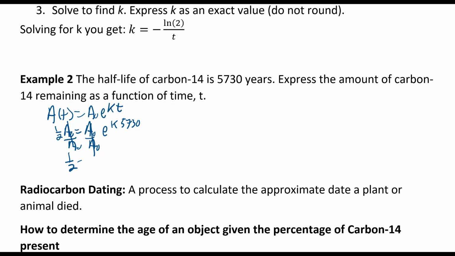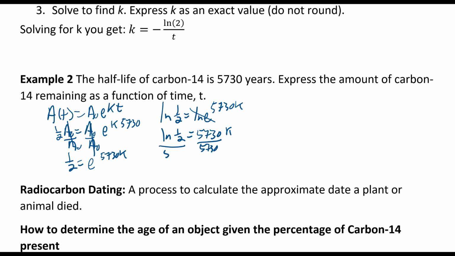So 1/2 equals e to the 5,730 times k. Natural log of 1/2 is the natural log of e to the 5,730k. So that cancels. So natural log of 1/2 equals 5,730 times k. Divide by 5,730: k would be the natural log of 1/2 over 5,730, as described above.